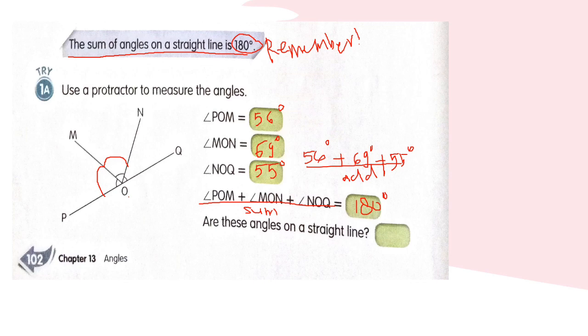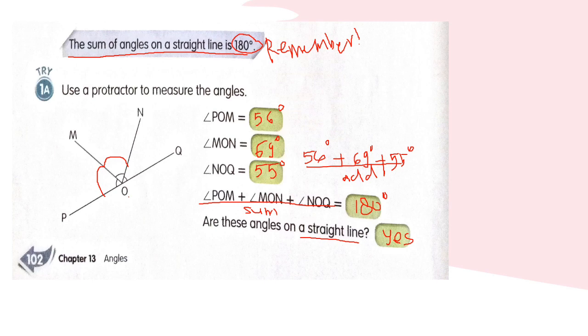So are these angles on a straight line? Remember, the sum of angles on a straight line is 180 degrees. So because the total of these three angles is 180 degrees, these angles are on a straight line. So the answer is yes.